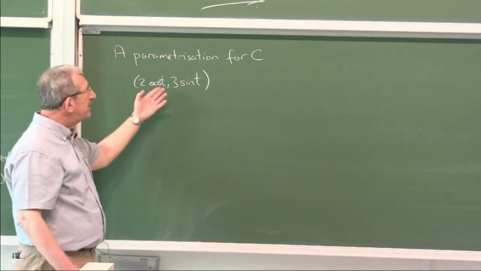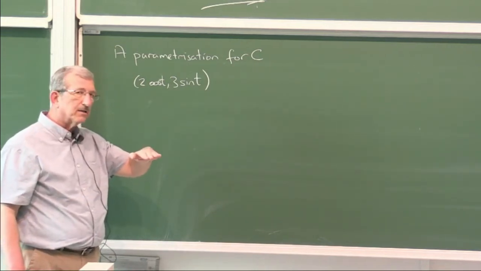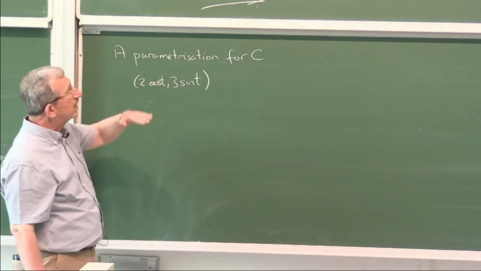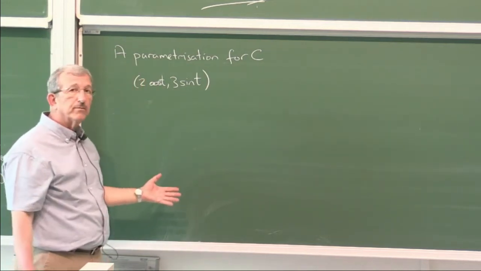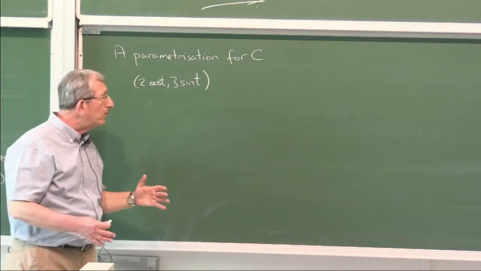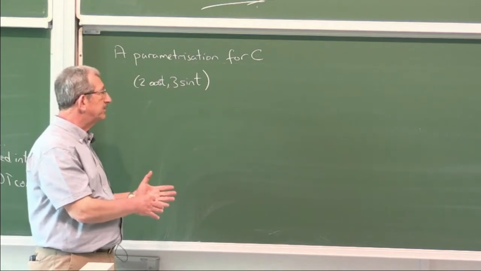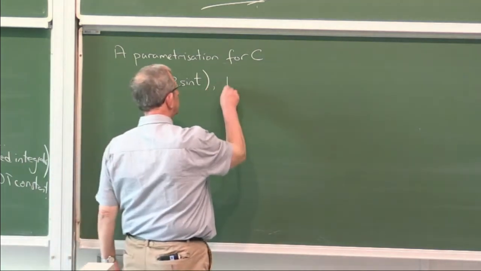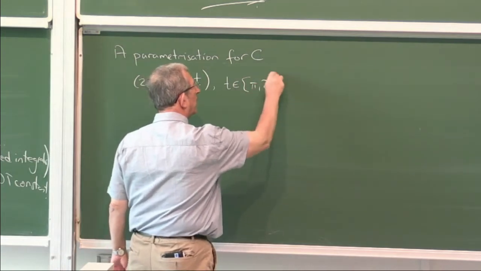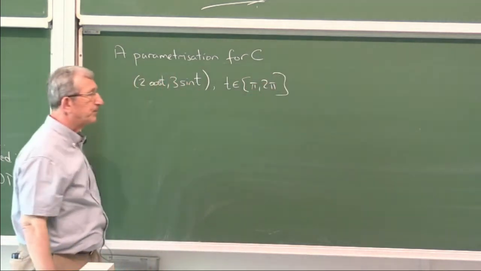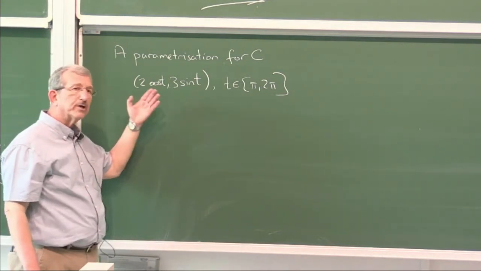Well, again, t plays the role of the polar angle here. It starts from 0 and increases, but we are not on the curve. We will be on the curve when that angle is exactly pi in the first place. So t, that's the angle, should change from pi to 2 pi. Well, let us check for the orientation.